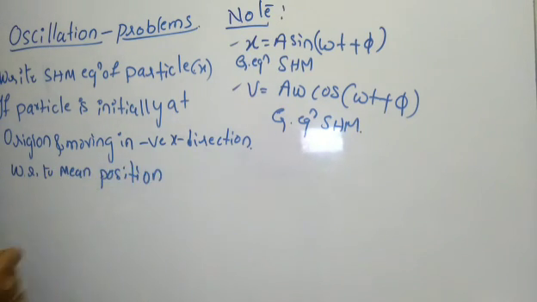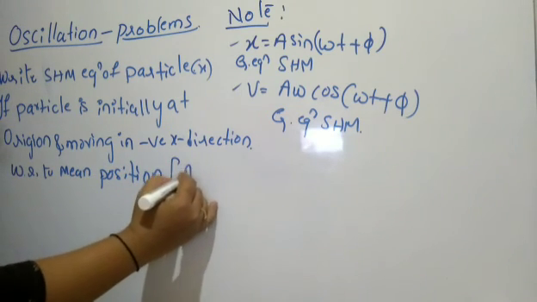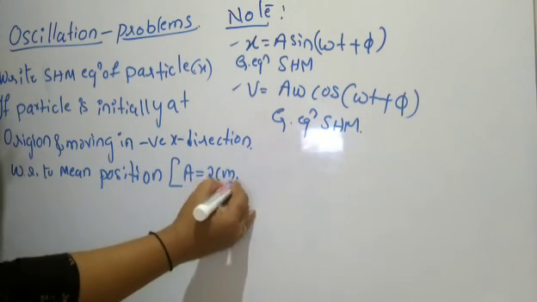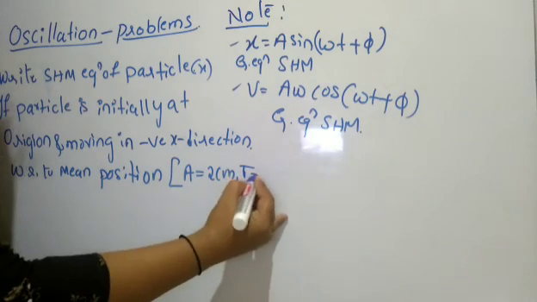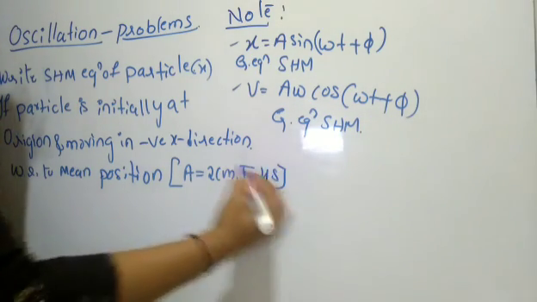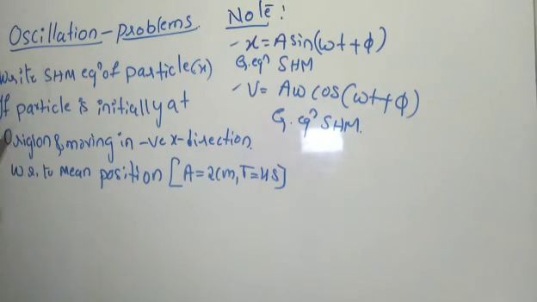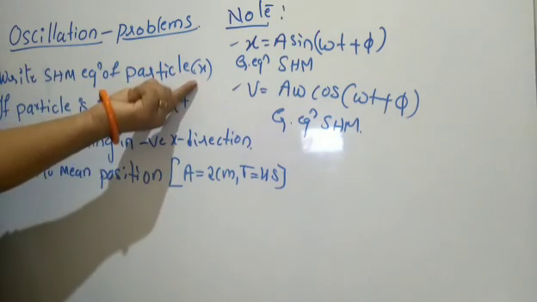The given data is amplitude equal to 2 centimeter and total time period 4 seconds. So we need to find the simple harmonic equation of the particle.